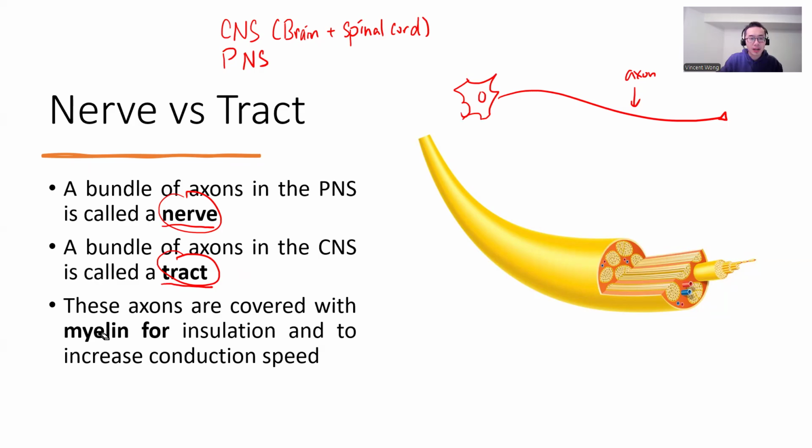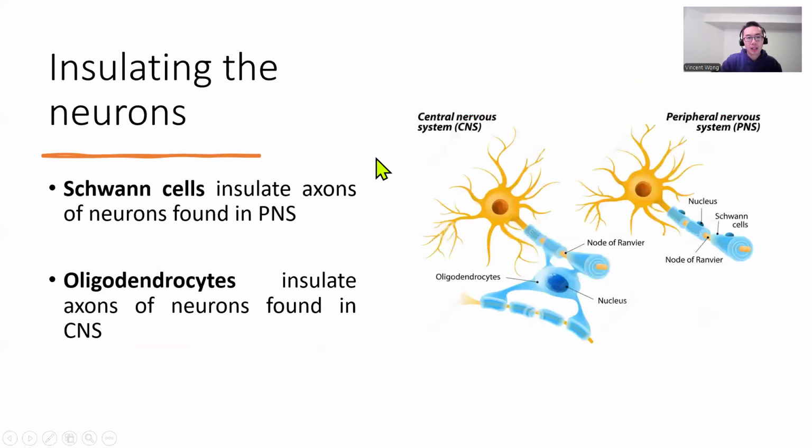So these axons are covered with myelin, or sometimes called the myelin sheath, and they are for insulation and to speed up the conduction. All right. Now, depending on, once again, whether we are in the PNS or CNS, the kind of cells that form the myelin will be different.